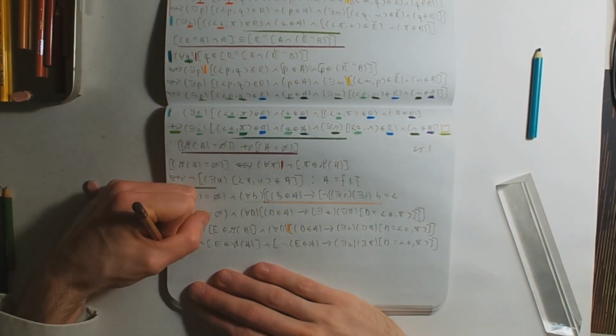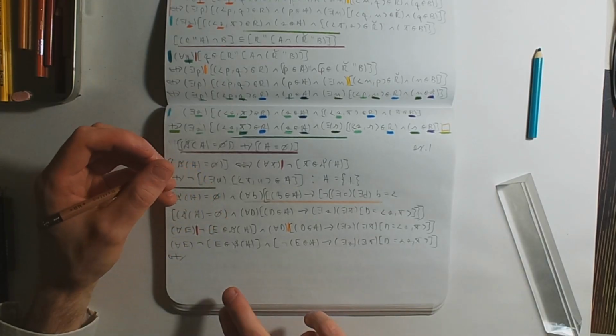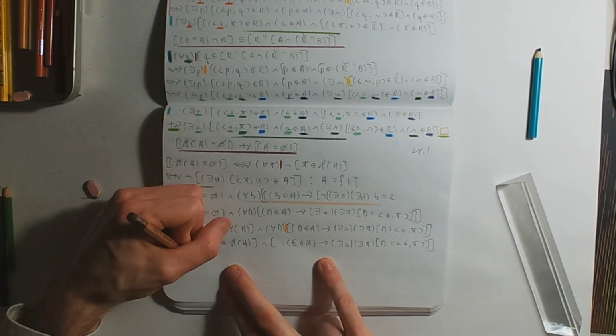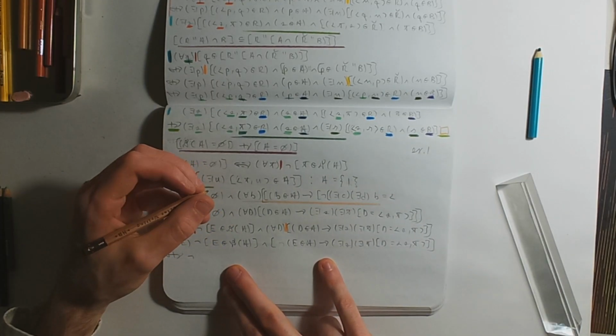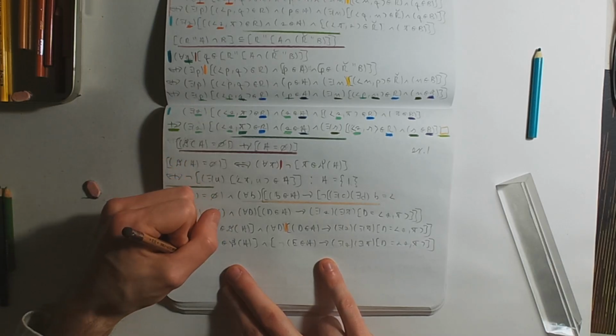This would be interderivable with, if we distributed this through, after taking the conditional equivalence, I'm going to take some shortcuts here.